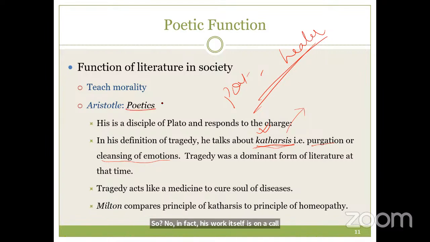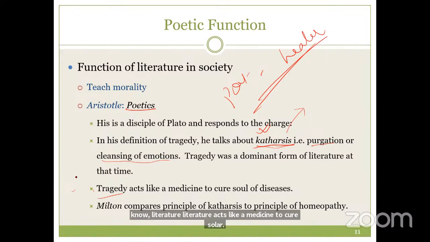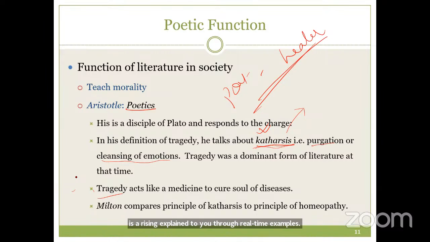So he's talking about entire literature. And he says that tragedy acts like a medicine to cure souls of diseases. Instead of tragedy, you just read it as literature. Literature acts like a medicine to cure the soul of diseases, as I explained to you through real-time examples, how literature could act as a healer. A poet or a writer can act as a healer.